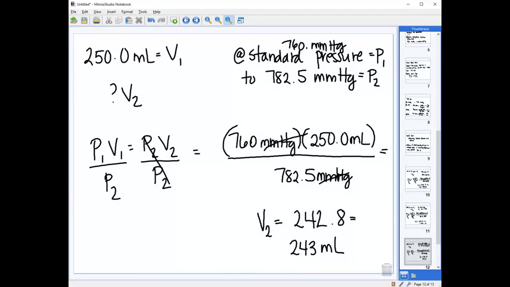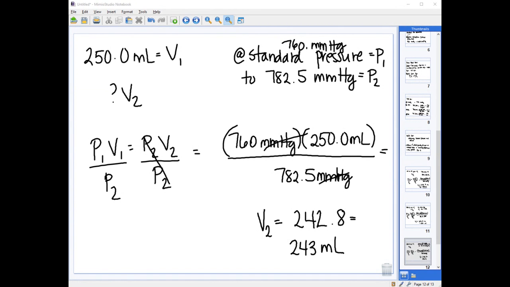Does this answer make sense? Yes, it does, because pressure went up, not by very much, but pressure went up, and so I can expect my volume to go down, and it did.